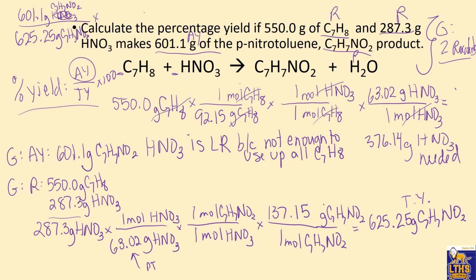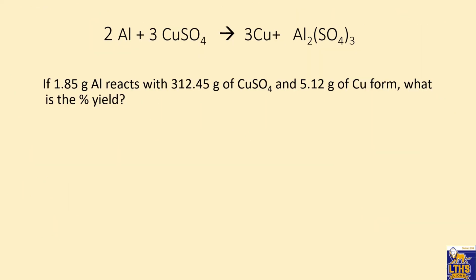All right, times 100. My percent yield is 96.14% yield of C7H7NO2. Woohoo! Final answer.